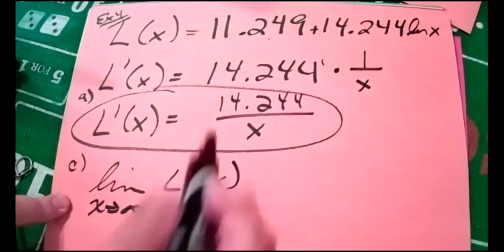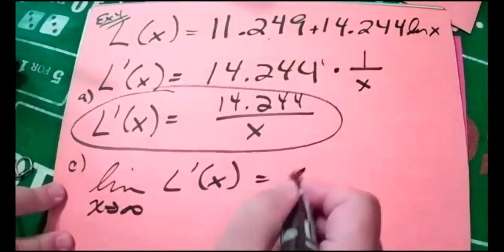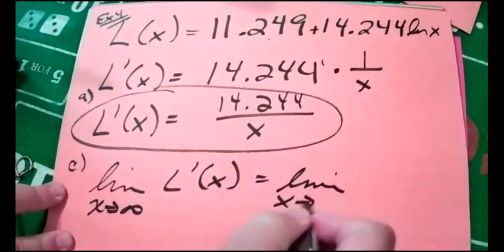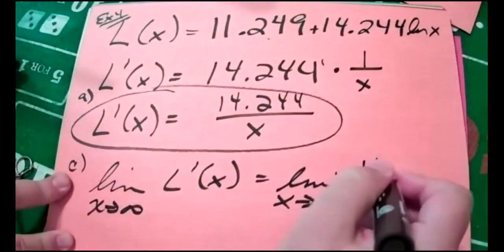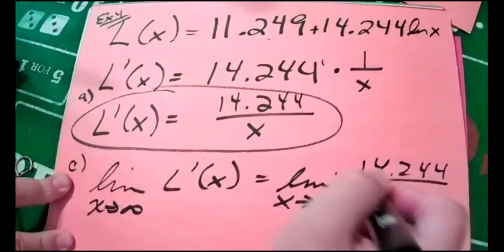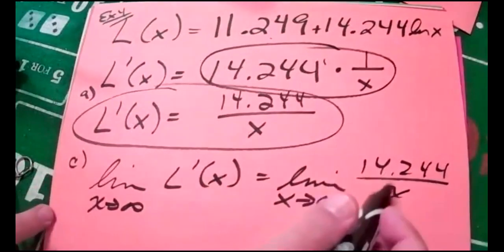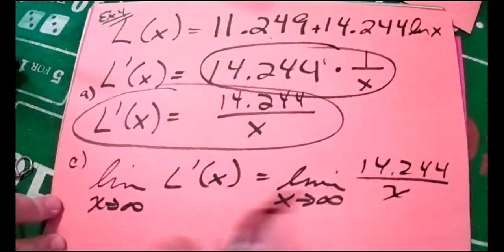What is the derivative? The derivative is this expression. Let's write it one more time. It's the limit as x approaches infinity of the expression 14.244 over x. Or you could have used this one, because when you do any number over x, we've established that the limit is going to be 0.